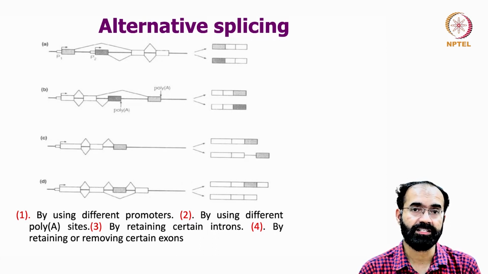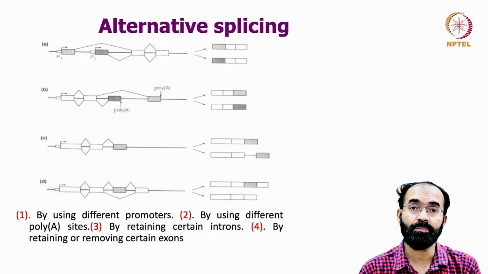Say if this promoter is used, it makes use of this entire stretch as a single intron. So for this promoter, this is the first exon and this is the second exon, not this one. Second exon, this is the third exon. So when the splicing happens, you end up getting this lighter colored first exon, and the second and third are the same.